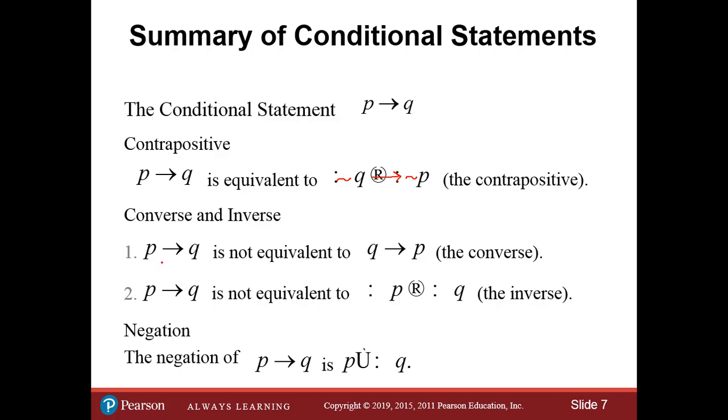Converse and inverse. So P implies Q is not equivalent to Q implies P, the converse. So these are not equivalent, right? The conditional is not equivalent to this. We've seen that before with truth tables.